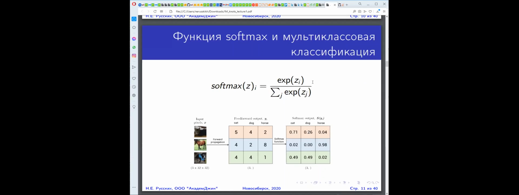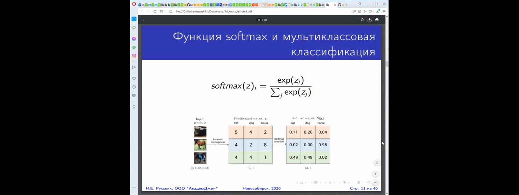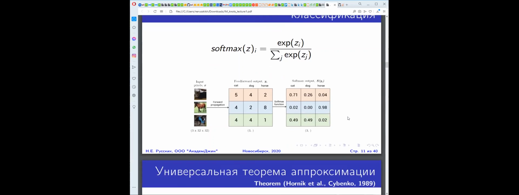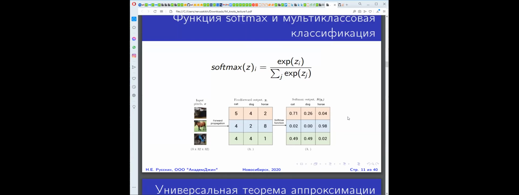Our model cannot think that the image is a cat and a dog at the same time. It can assign some probability mass to every class, and it's going to be not certain for some mysterious cases. But still, what we get as an output is like a probability distribution on classes.